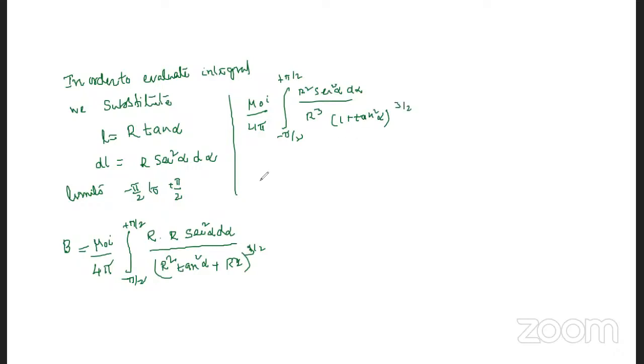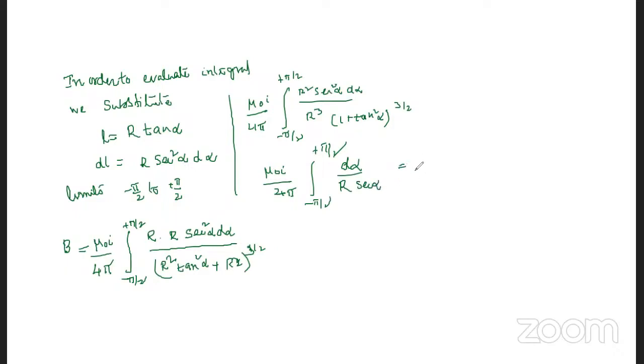This 1 plus tan square alpha is nothing but secant square, and it remains with d alpha by R secant alpha.